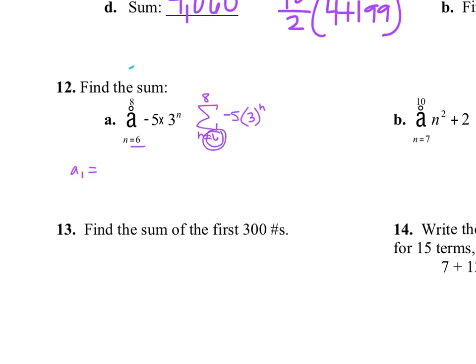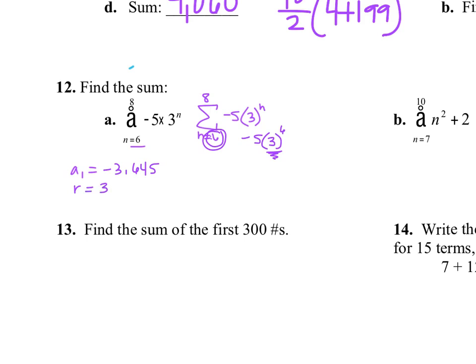If we do negative 5 times 3 to the 6th power, our first term is negative 3,645. Okay. Our common ratio, what we're changing by, is always this number. Remember, think of it kind of like exponential growth, exponential decay. That's our ratio, which would be 3.